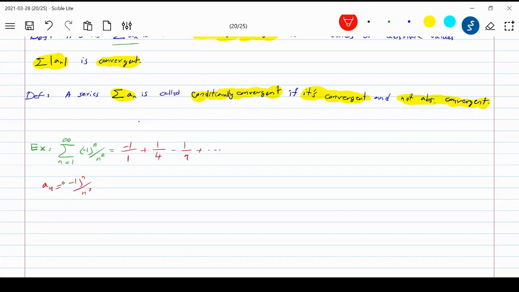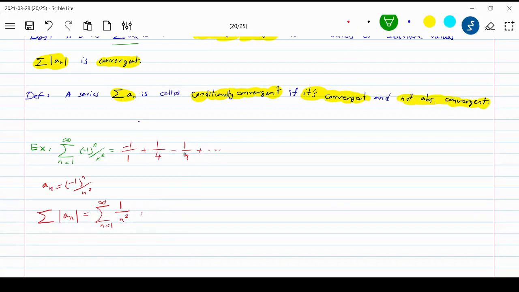If we take the absolute value of this a_n and look at the summation of the absolute value of a_n, it's basically saying ignore the signs, plus or minus. So instead of negative 1 to the power n, you simply have 1 divided by n squared, n from 1 to infinity. Then, is this series convergent or divergent? That would be the question.